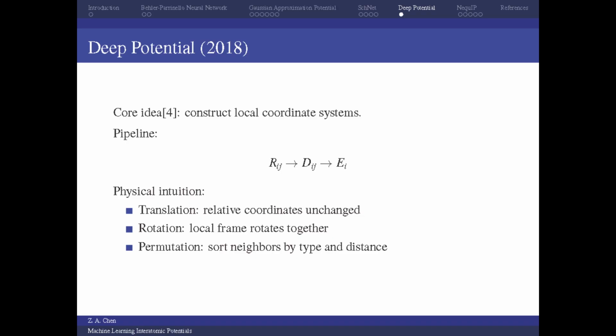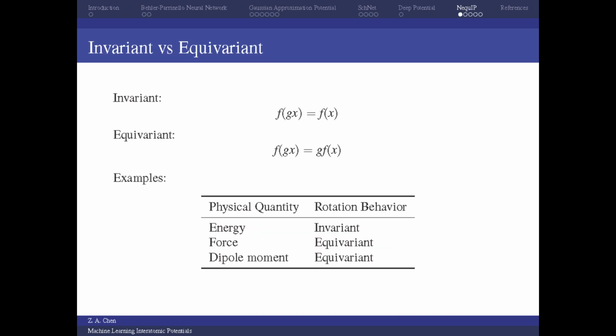This method became extremely influential in large-scale molecular dynamics simulations because of its efficiency and scalability. Finally, I want to discuss NequIP from 2022. This work introduced E3 equivariant graph neural networks into MLIPs.